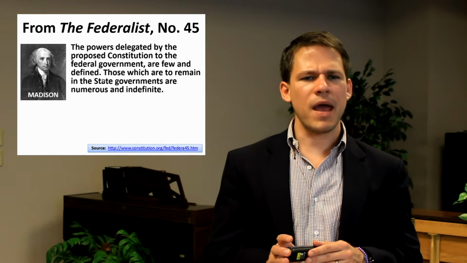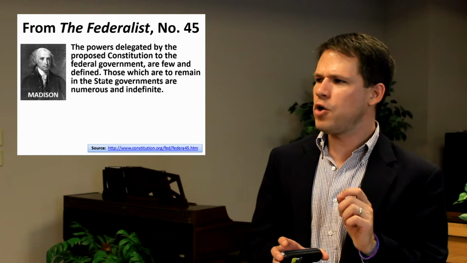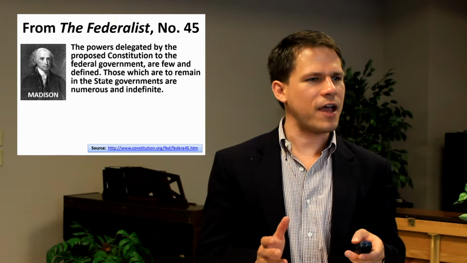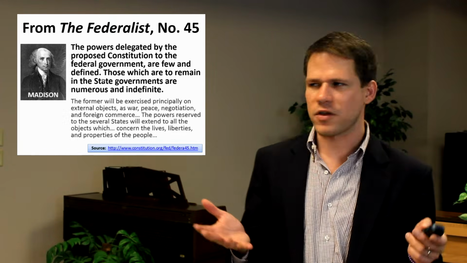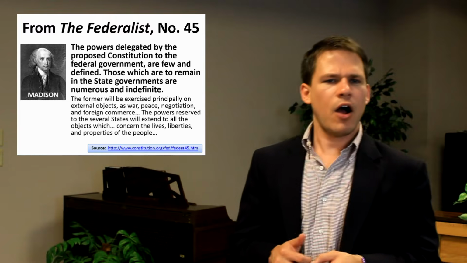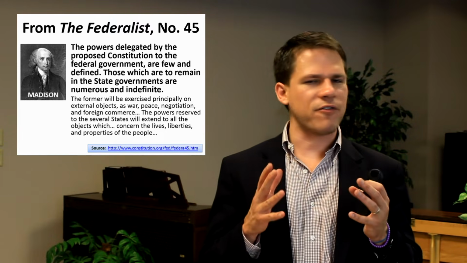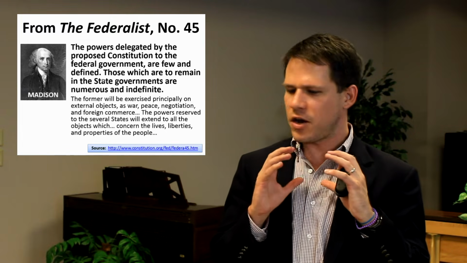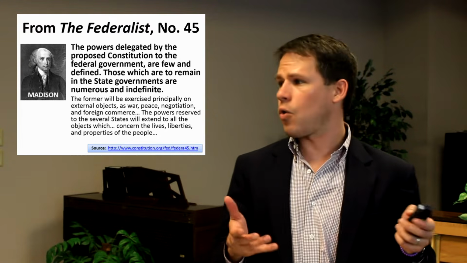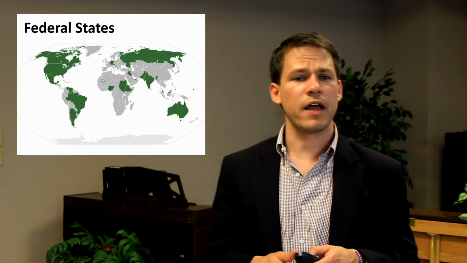Those which are to remain in the state governments are numerous and indefinite." Keep in mind, he's trying to reassure anti-federalists that the federal government's powers are specifically enumerated or delegated. You could see delegated or enumerated powers on a test.